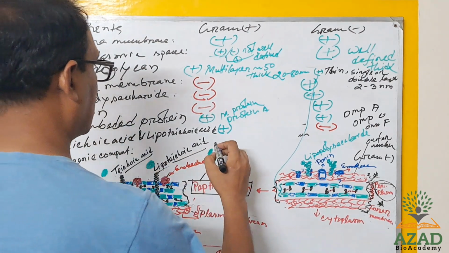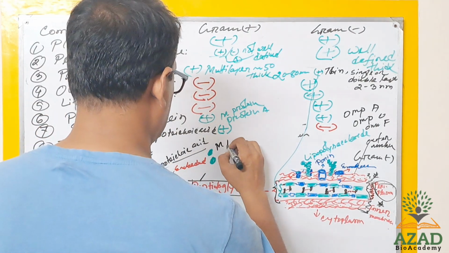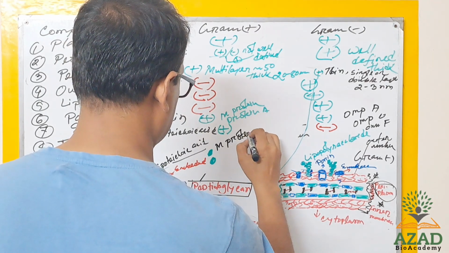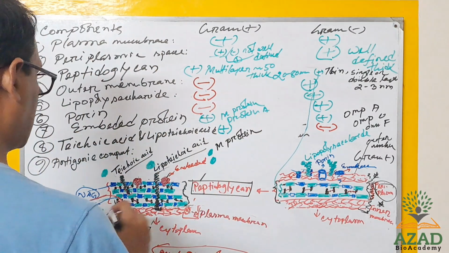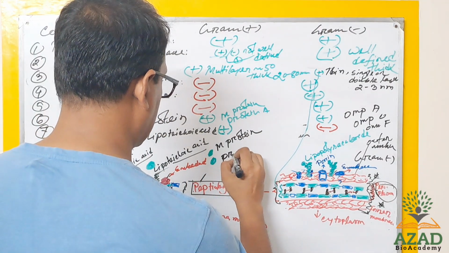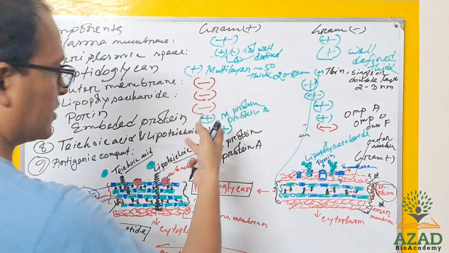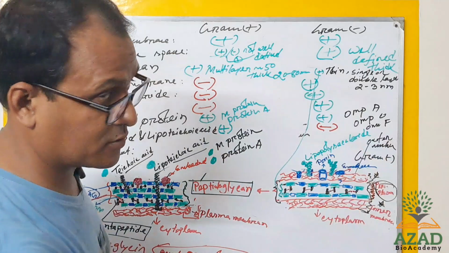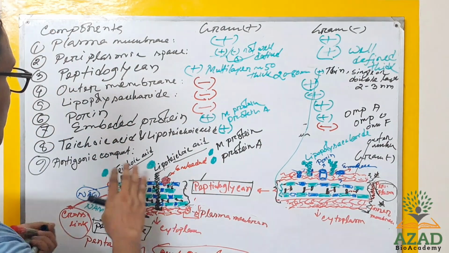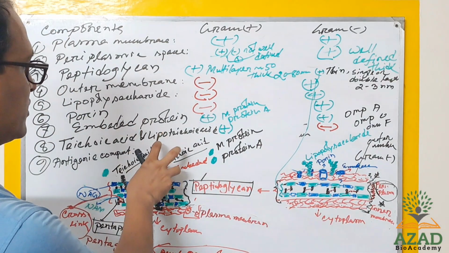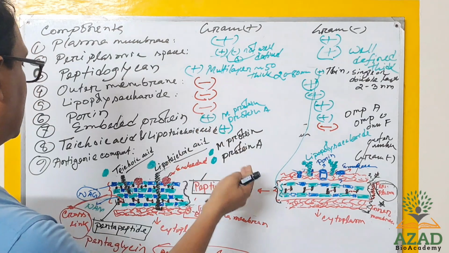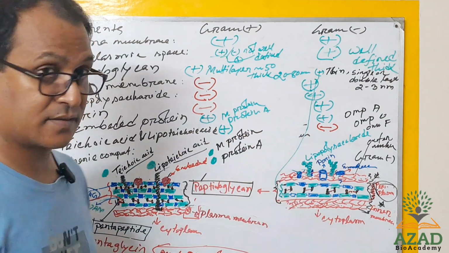The embedded protein name is M protein. These are antigens, and I will say protein A for gram-positive bacteria. M protein is very available in streptococcal bacteria. So the teichoic acid, lipoteichoic acid, M protein, protein A, these are highly antigenic.